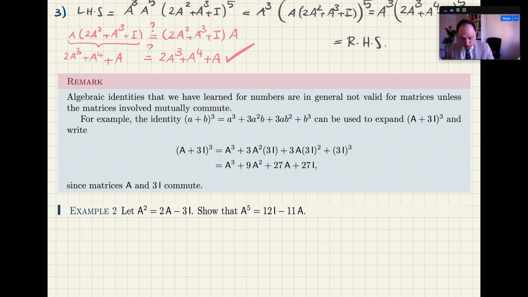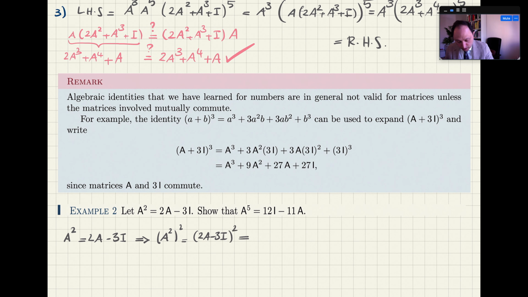So here, what I do is like this. I would say that a squared is equal to 2a minus 3I. I know that my goal is to reach a to the 5, so let me raise both sides to power 2. Then it gives me (2a minus 3I) squared.